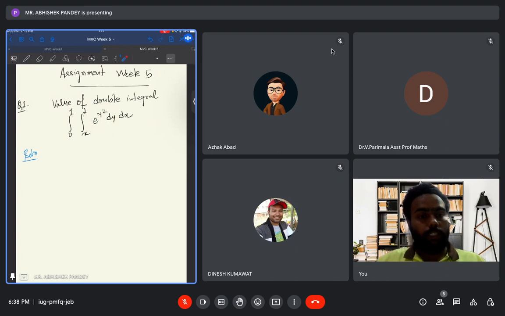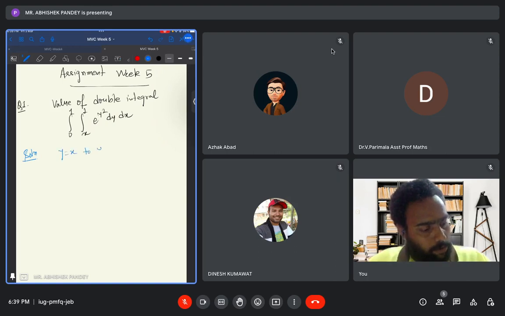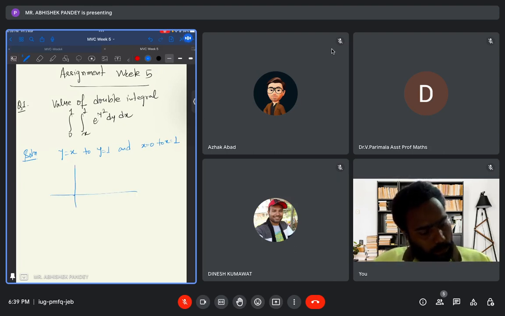So we will change the order of integration. Here y goes from x to 1 and x is from 0 to 1. So this is your y equals x, and this is your y equals 1. So this is 1 comma 1, this is 1, this is 0, this is 0 comma 1.